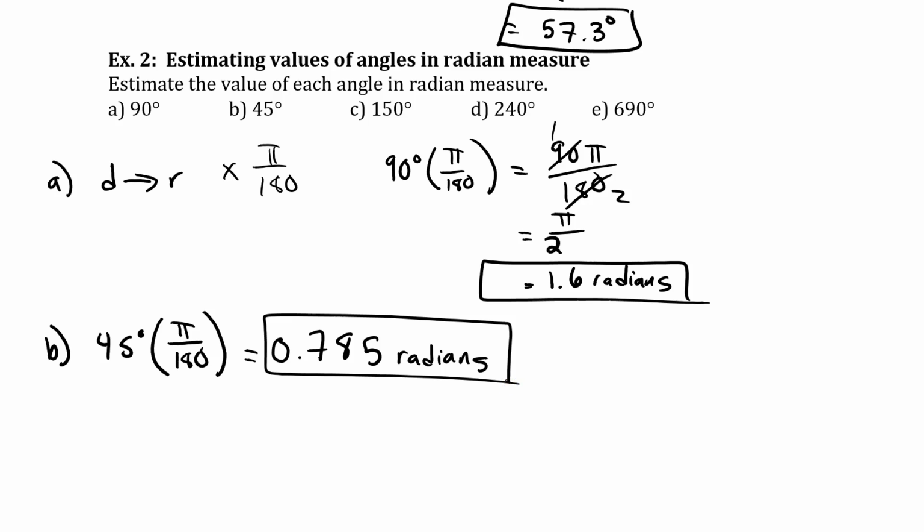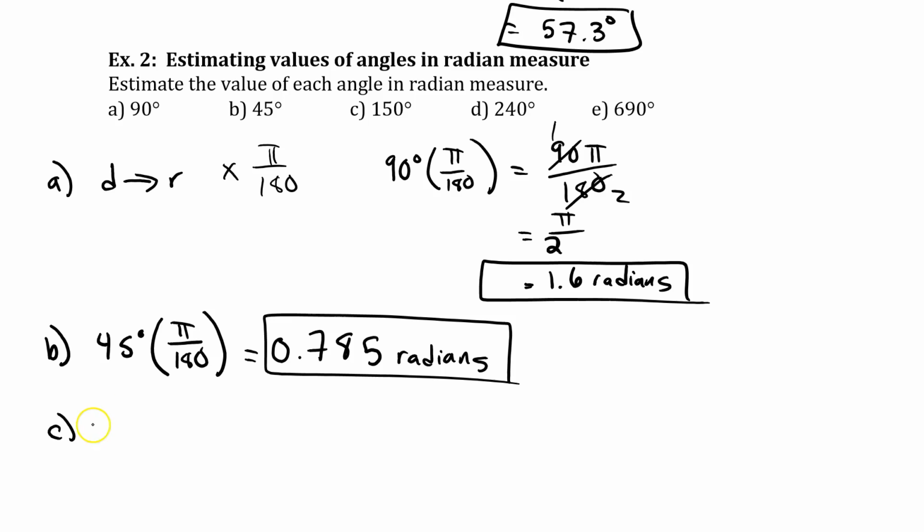The way that I plunked that into my calculator, I said 45 divided by 180 times pi. You can just go pi divided by 180 times 45, whatever floats your boat. And remember, we're going to 3 decimal places.